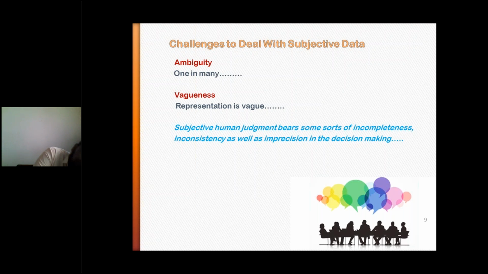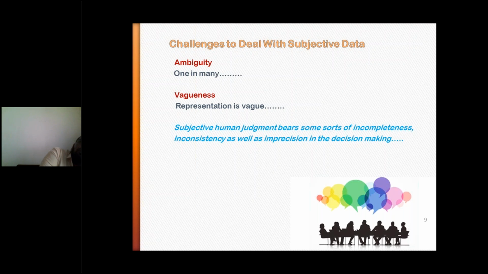So subjective data is ambiguous in nature, and at the same time vague. Vagueness means the representation is vague. I say the food is sweet, but I have not specified to what extent it is sweet. Is it as sweet as an apple or as sweet as a chocolate?